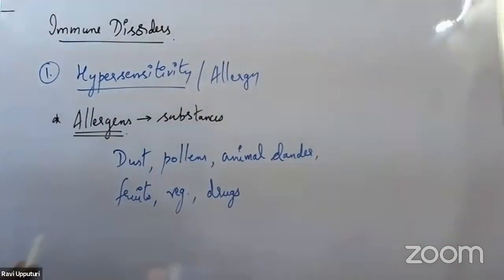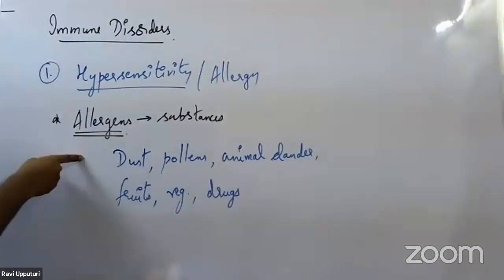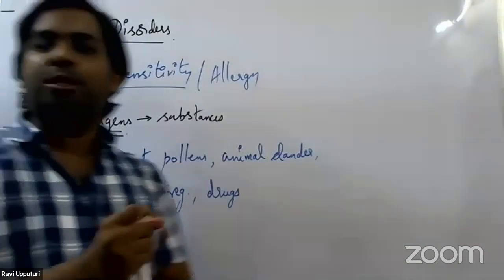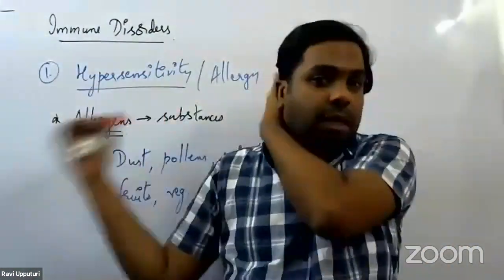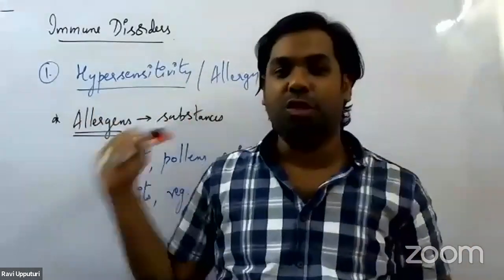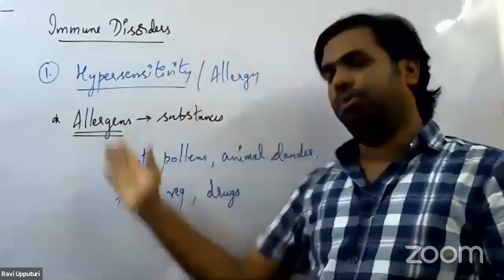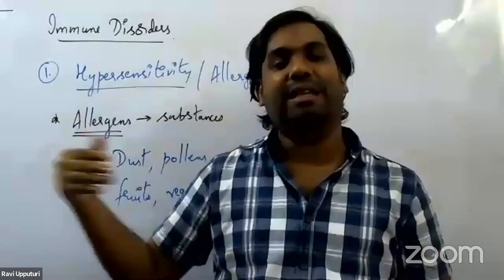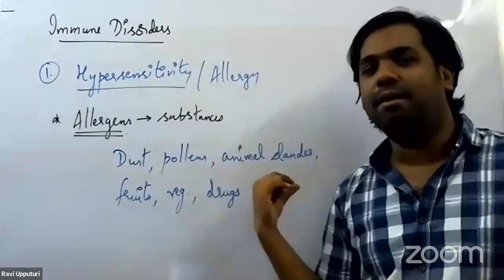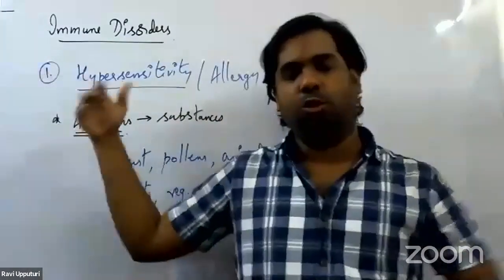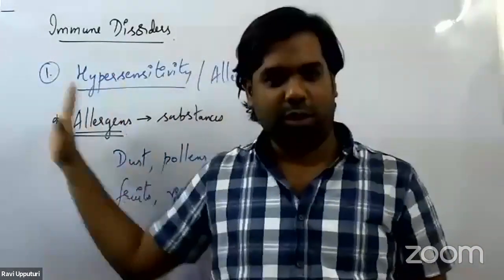So all these fall under the category of allergens. The substances which bring about this sort of allergy or hypersensitivity, we start calling allergens. Most of these allergens are usually seen in the environment, such as the dust, the pollen grains, the animal dander. Majority of these things are usually seen in the environment. This is what is happening.